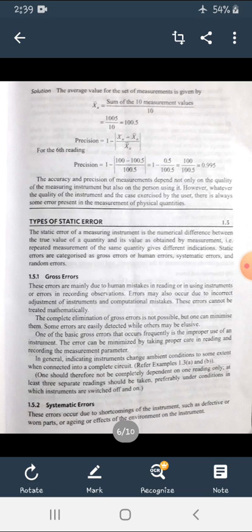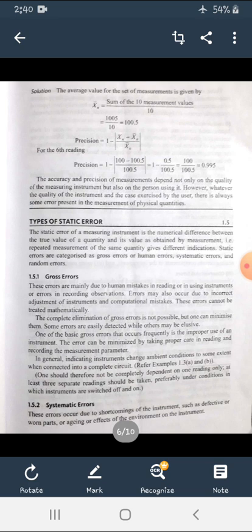Which kind of mistake I will do or you will do, no one knows. So you cannot eliminate this mathematically. You can minimize the error by getting the knowledge of how to use the instrument or how to use the process.